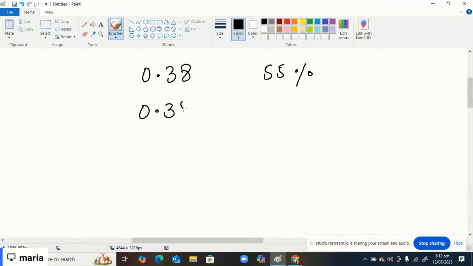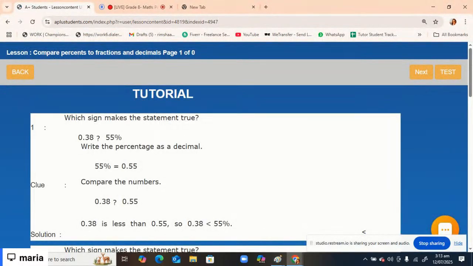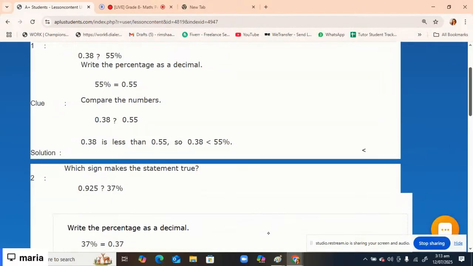So 0.38 times 100 becomes 38%, and here it becomes 55%. So 55%, you can say that it is greater as compared to 0.38.